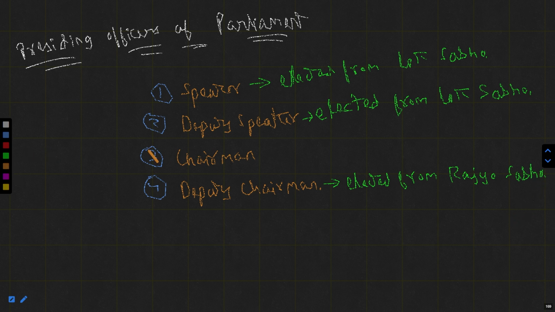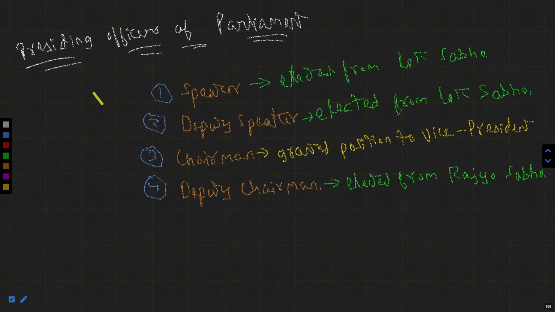And we know the chairman of Rajya Sabha is a granted position to the Vice President of India. All right. So out of 4, the 3 are elected positions, while the 1 is the granted position.